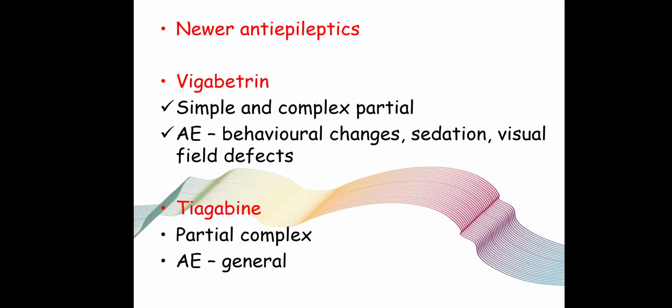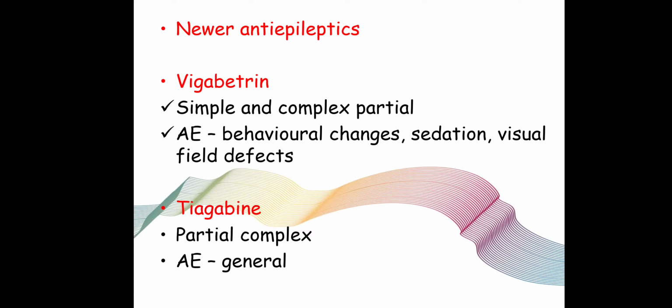Okay, now coming to newer anti-epileptic drugs, as we just discussed, these newer drugs were invented later, and they have fewer side effects compared to the older drugs, but at the same time they are less potent. So still they are not the first line of drug.